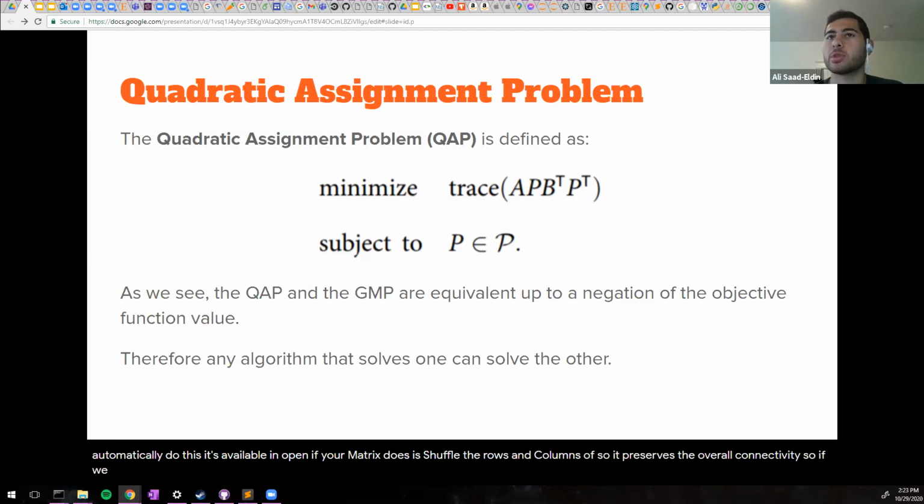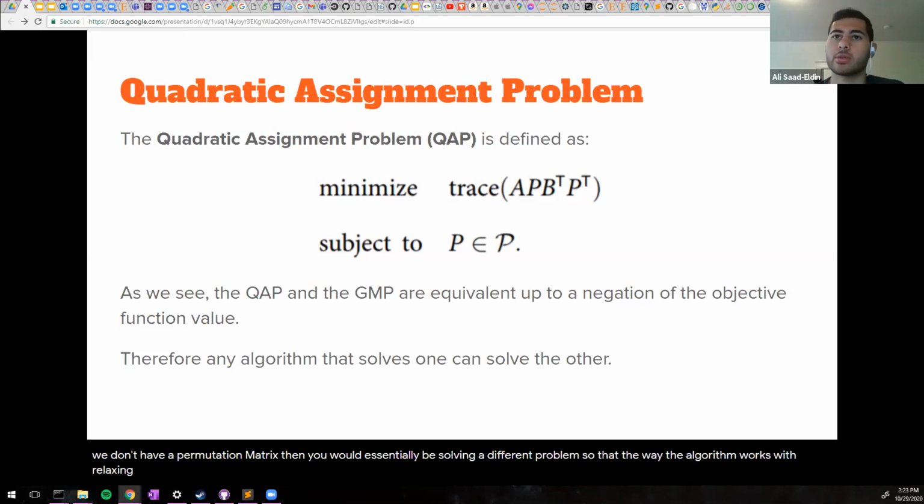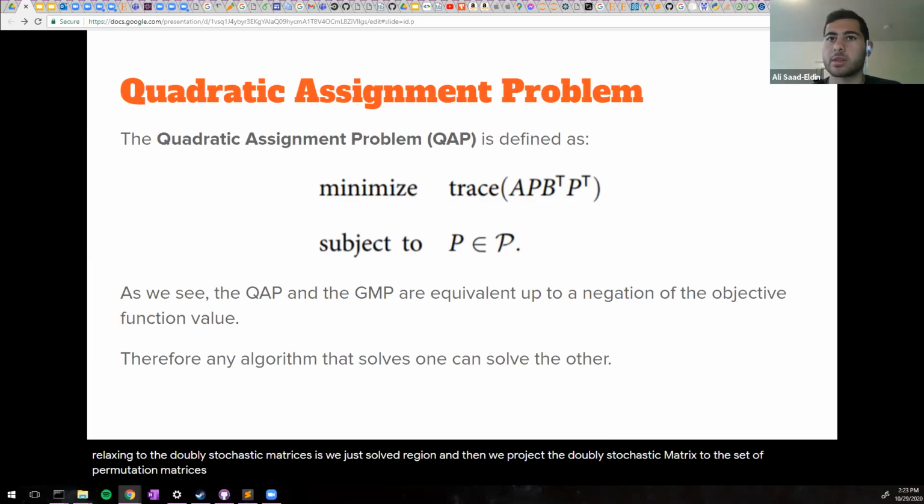If we don't have a permutation matrix, then we would essentially be solving a different problem. So the way that the algorithm works with relaxing to the doubly stochastic matrices is we just solve for the optimum in that region, and then we project the doubly stochastic matrix to the set of permutation matrices using a linear assignment problem algorithm.